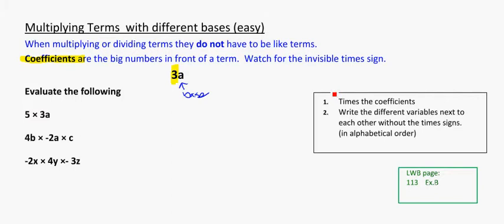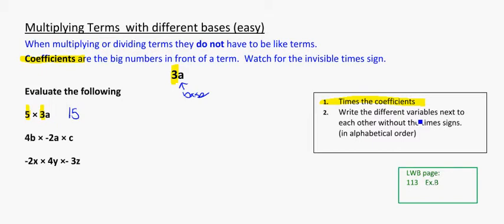So when we multiply terms together with different bases, what we want to do is times the coefficients together. Any of the big numbers in there will times together. So 5 times 3a would be 15, because 5 and 3 times together get 15.